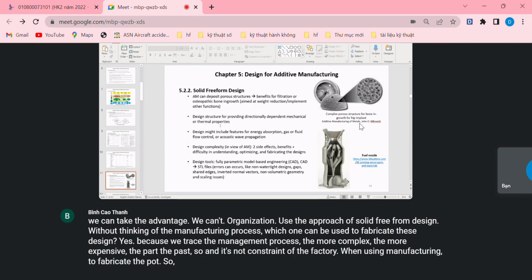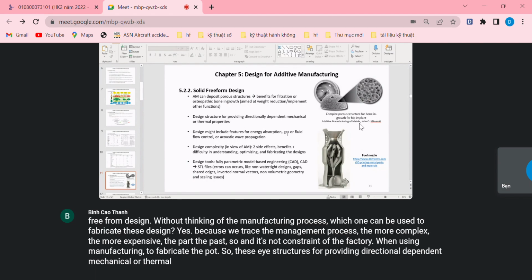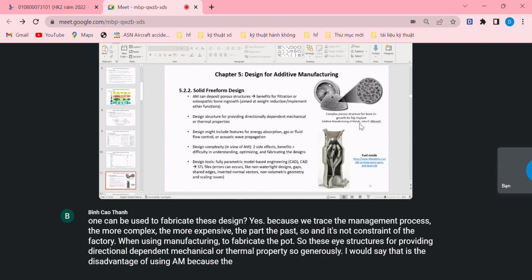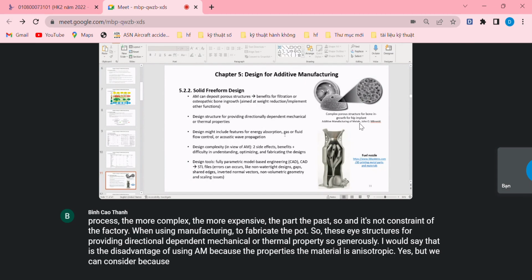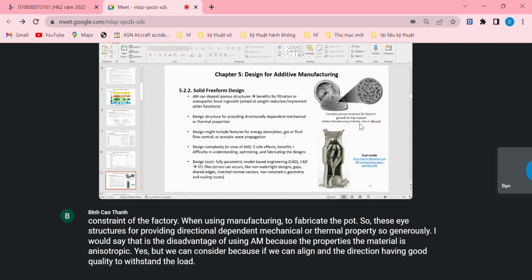So, design structures for providing directional dependent mechanical or thermal properties. Generally speaking, I would say that this is a disadvantage of using AM because the properties of the material are anisotropic. But we can consider this: if we align the direction having good quality to withstand the load, this could be okay.